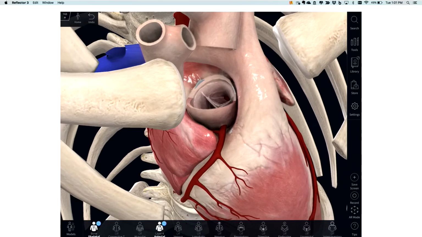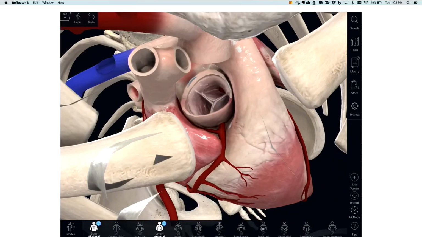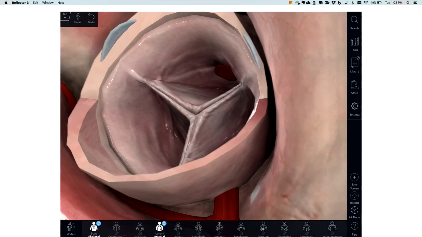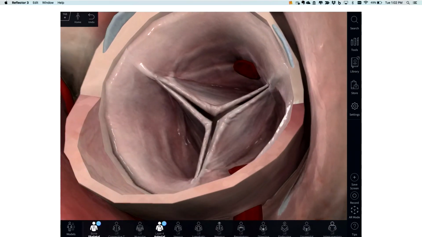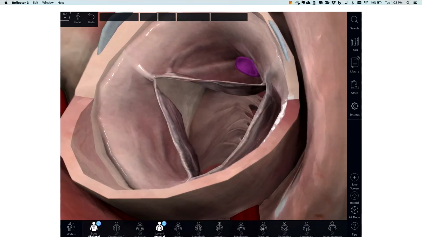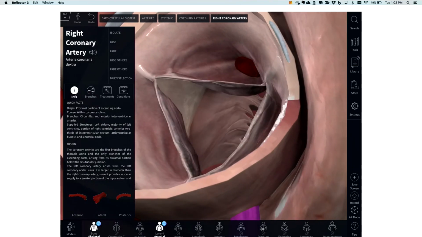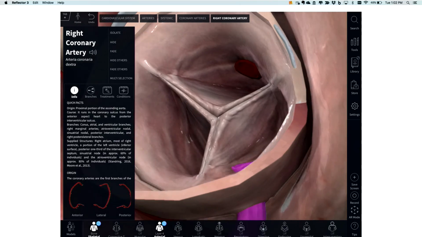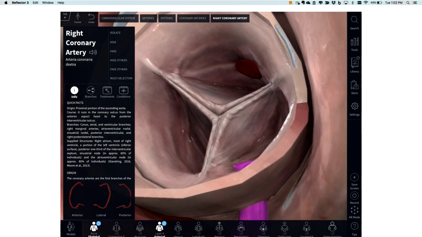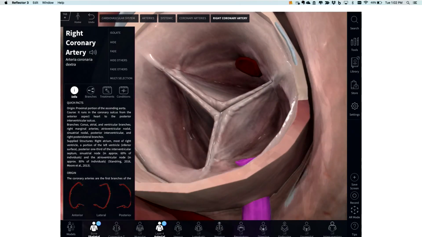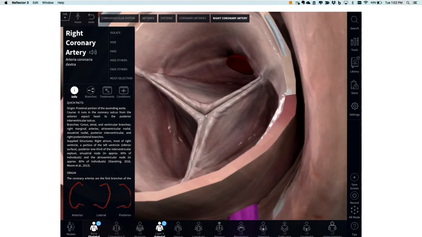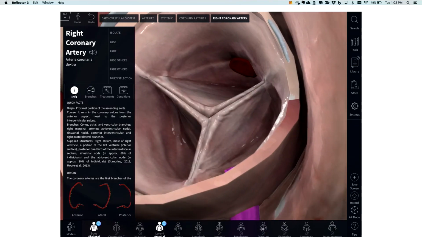And I'm going to look down at the aortic valve, and you see that structure right in the pocket? Left coronary artery. Right coronary artery, you can see just poking over the top. Those are the very first arteries that blood encounters after it is injected into the aorta.